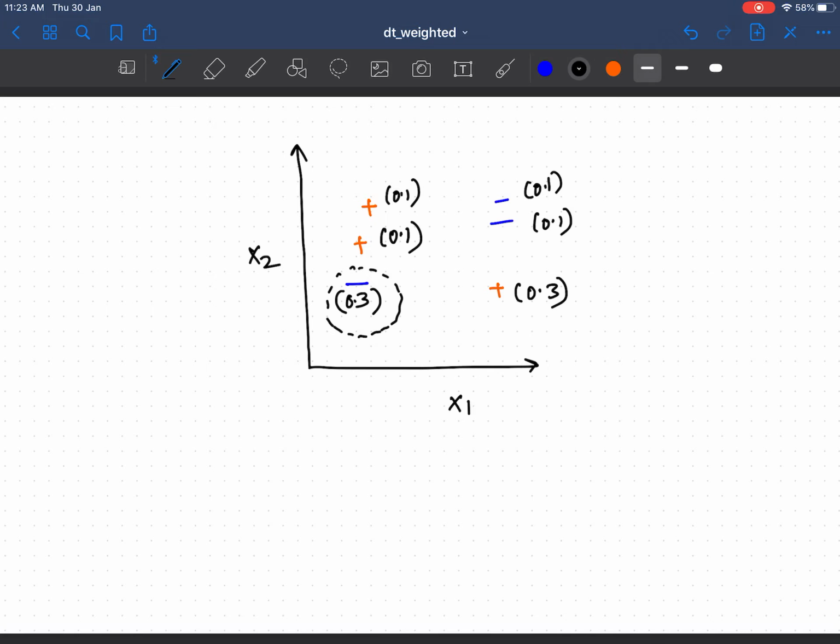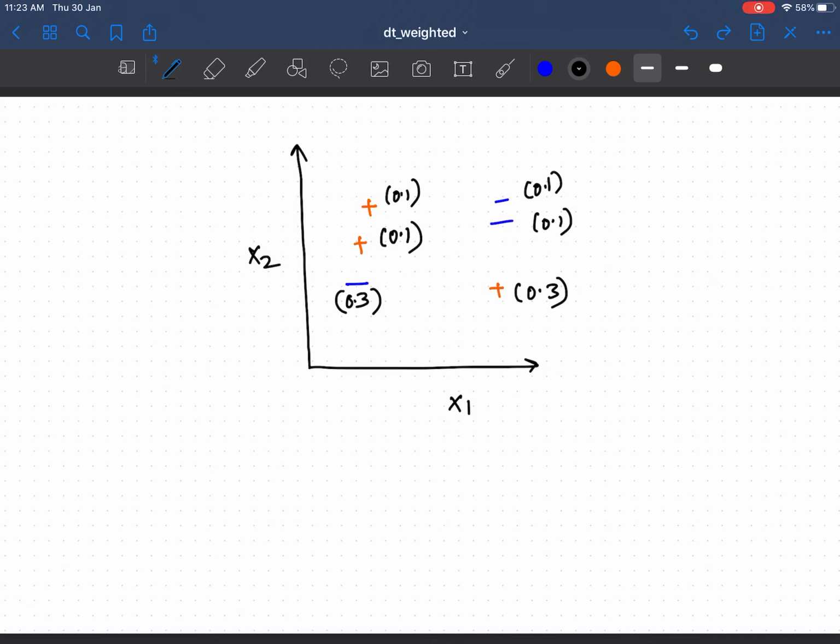So this could effectively be seen as 0.3 of a sample belonging to the negative class. Similarly, for the other samples, you could think it's 0.1 of a sample. It's not a full sample, it's a fraction of a sample. So with that background, we can now compute the probabilities of the individual classes, plus and minus, which are required to compute the entropy.